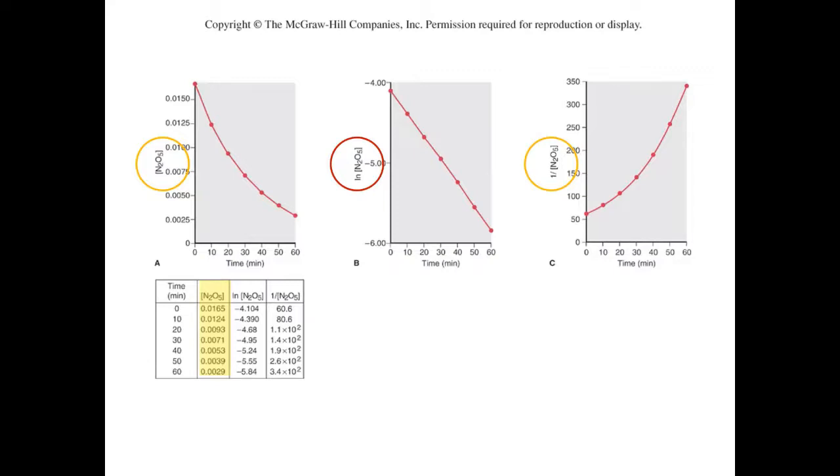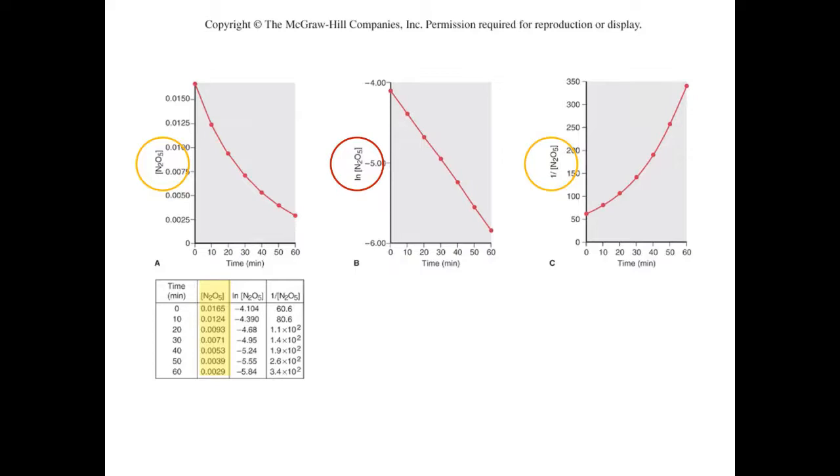We're going to use the intensity of color, because we saw with our copper lab where we had the dark blue copper and then we diluted it and diluted it and diluted it, that the darker the color, the more concentrated it was. So we're going to have the absorption, which is going to tell us how dark the color is, versus time. So it's not actually going to be the concentration, but it's going to be a good approximation of concentration. Okay. So that's what those two are. And then this one circled in red because this is a straight line, and that tells us, yes, this is first order.